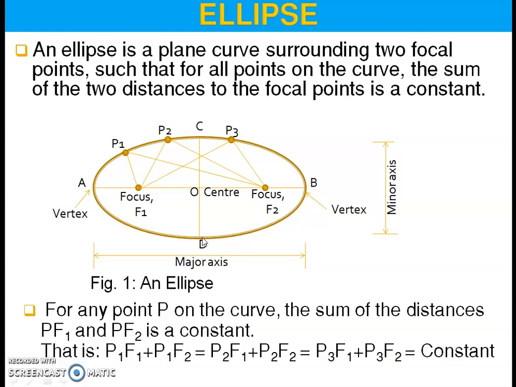The distances AO is equal to BO, F1O is equal to F2O, and CO is equal to DO. So with this knowledge, let us now go into the Kepler's laws of planetary motion.